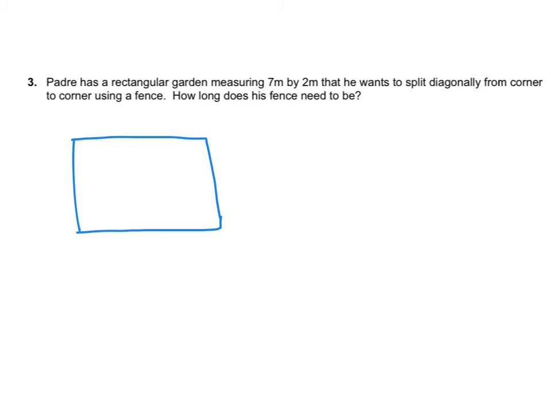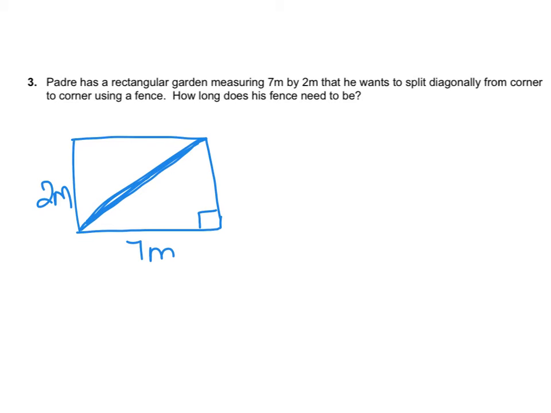He says it measures 7 meters by 2 meters, and he wants to split it diagonally from corner to corner. So he's going to split it diagonally this way. Now notice what that makes. It makes these two right triangles. He wants to know how long this fence needs to be, and his fence is going to be this part that goes down the middle diagonally of this rectangle.